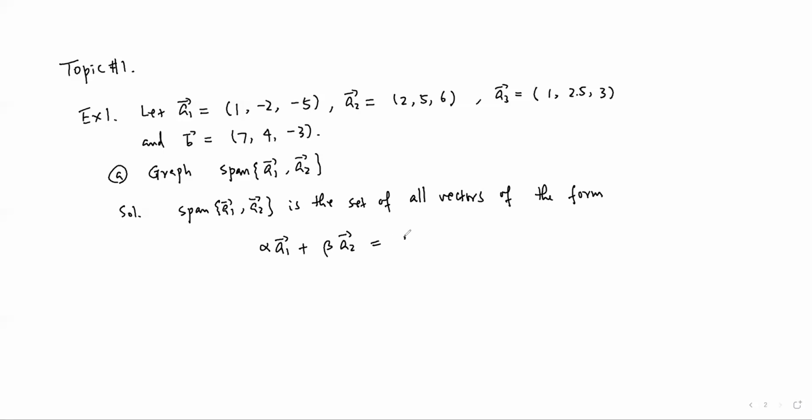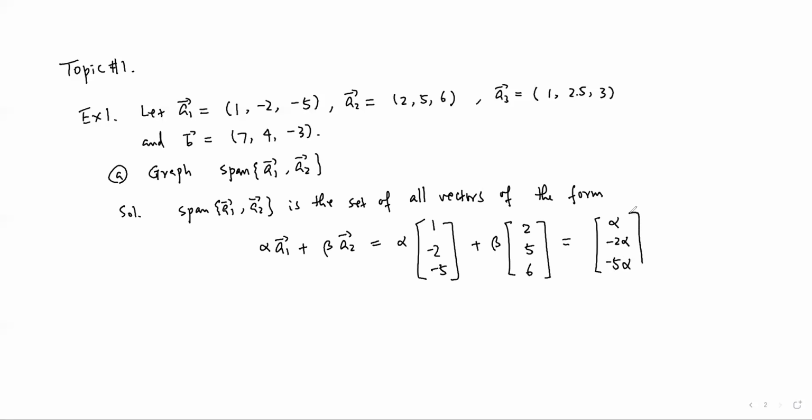Now, in detail, A1 is 1, -2, -5, plus beta times A2, which is 2, 5, 6. A number times a vector is the number times all the entries. So the first term is alpha, -2 alpha, -5 alpha.